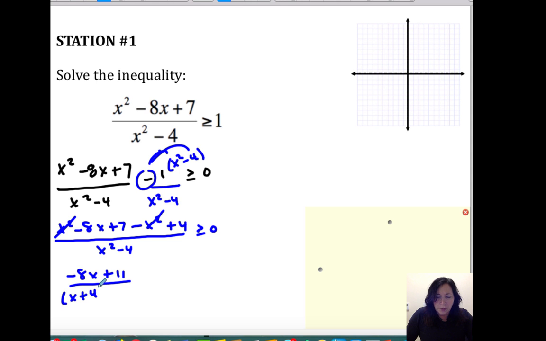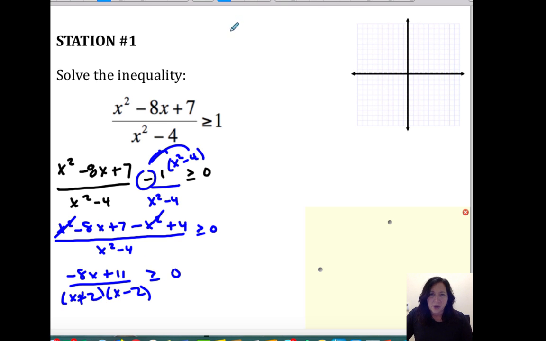which is going to be x plus 4 and x minus 4. Or excuse me, I'm sorry about that. That's going to be x plus 2 and x minus 2. So x plus 2 and x minus 2 and greater than or equal to 0, okay? At this point, I can factor out a negative 8.